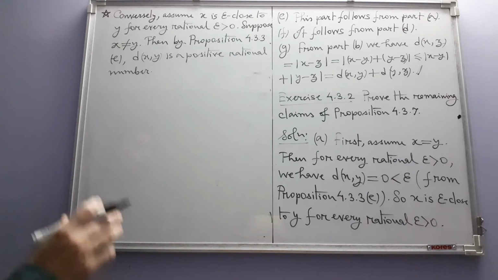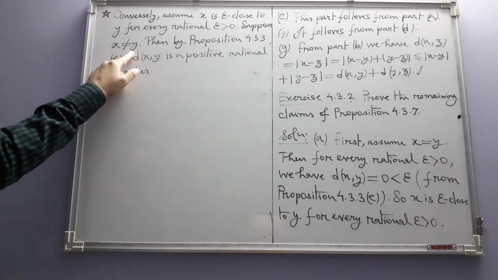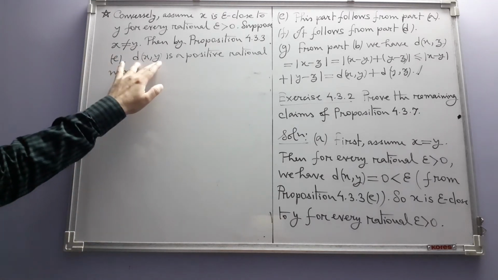Because d of x comma y is 0 if and only if x is equal to y. Since x is not equal to y here, this quantity cannot be 0.